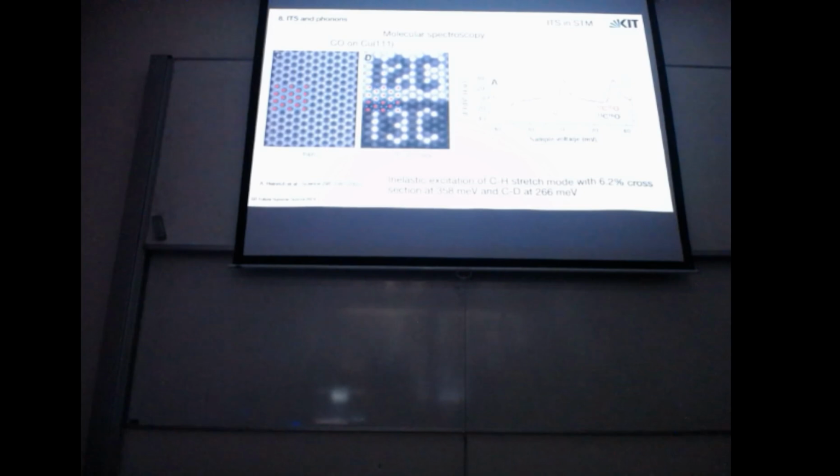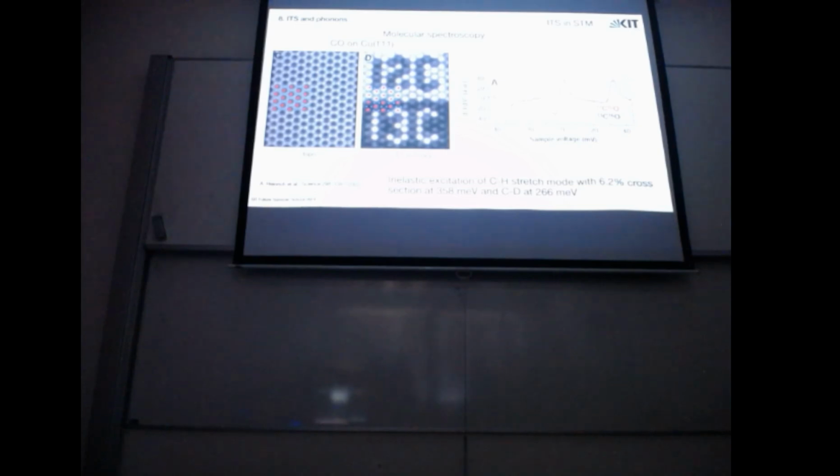And you see there are some peaks. This one at 0 is the negative multiplicate. And here you see actually the isotope shift. So that means you can by spectroscopy decide which one is 12 and which one is 13 carbon.